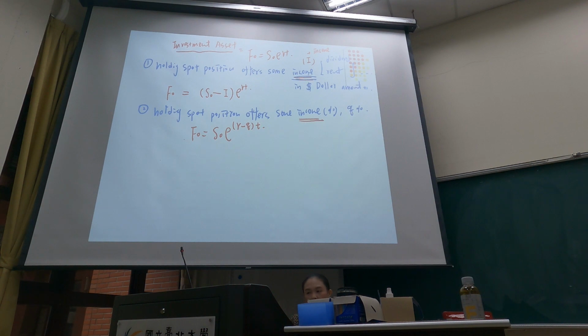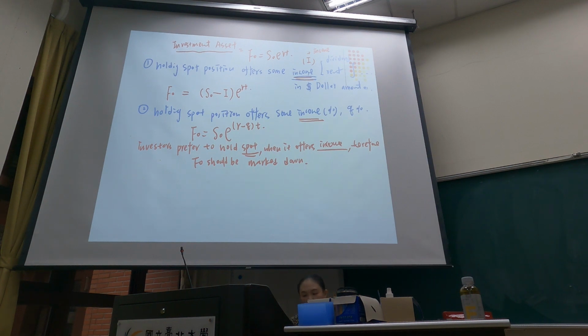Then in that case, investors prefer to hold spot when it offers income, right? So therefore, F0 should be marked down. So that's the minus sign here. Are we okay so far?